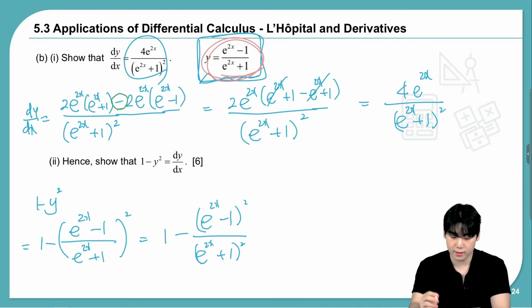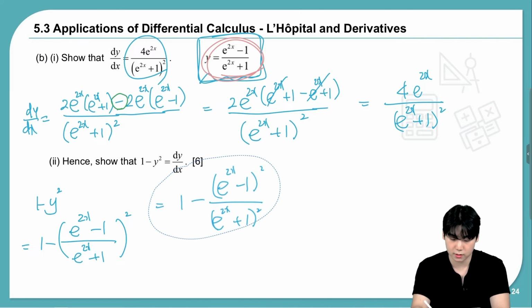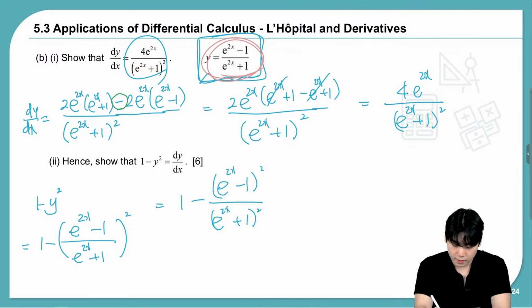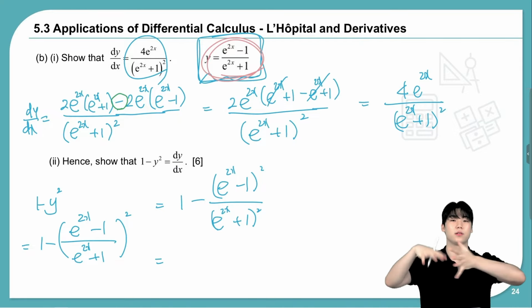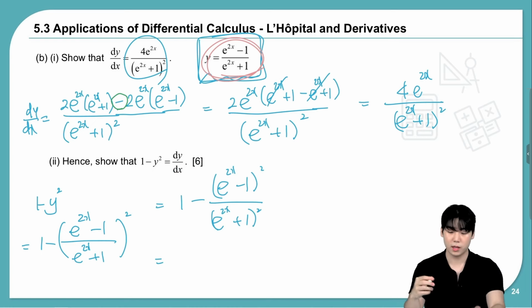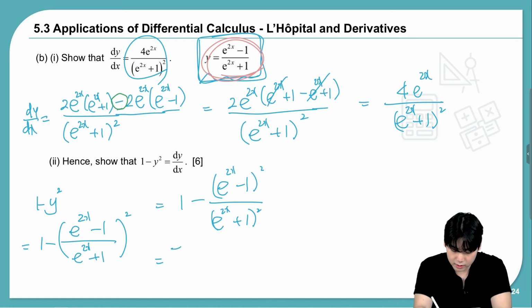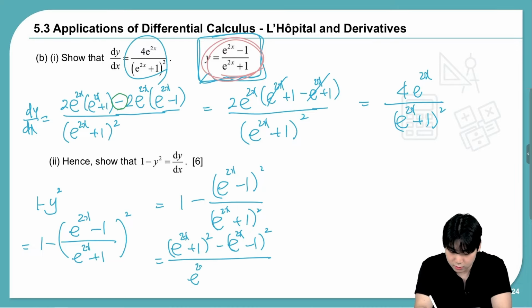Okay? And then let me just, I need a little more space. Because it's 1 minus a fraction, I'm going to make them the same denominator. Then I have (e^2x plus 1) squared minus (e^2x minus 1) squared, all over (e^2x plus 1) all squared, right?